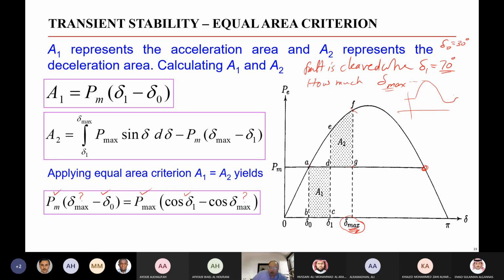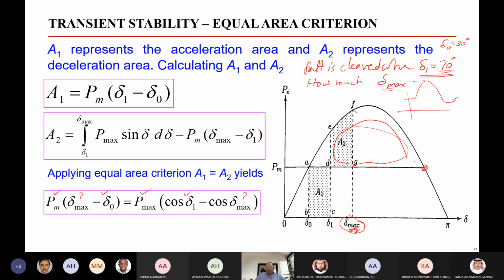Yes, Doctor. And when we ask about the critical clearing time and the critical clearing angle, it means we are utilizing the whole deceleration area, and we exhaust all the deceleration area that we have. Is it clear? Yes, Doctor. So we can clear the fault before the critical clearing angle, and we can ask for delta max.